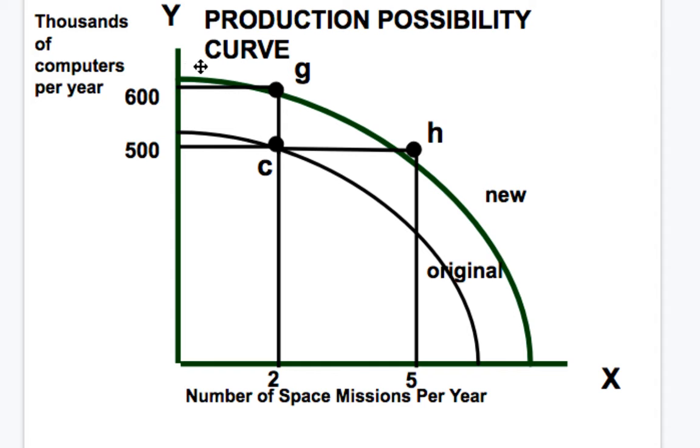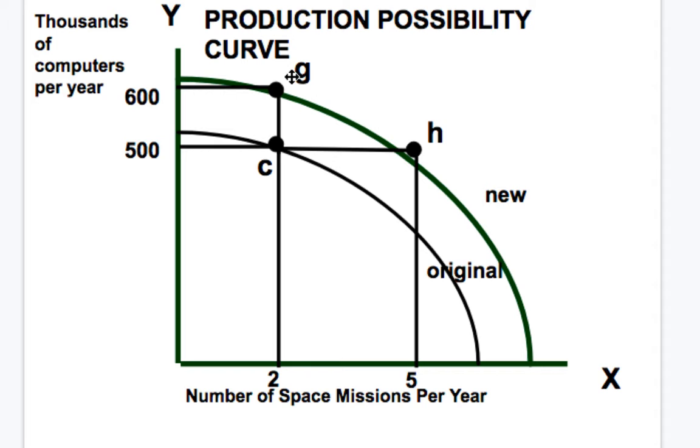And what we do is we create a new PPC or PPF. In this scenario, what it shows is that we can now create 100 more computers and at the same time not sacrifice the number of space missions, meaning we still have 2. Because of the new technological changes, we're making 100 more computers and we're still not losing any space missions, because we have a production possibility curve shift.